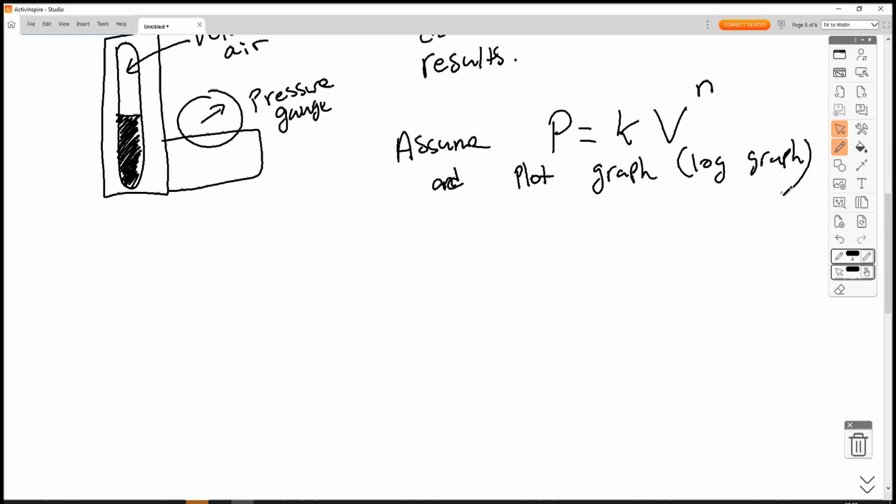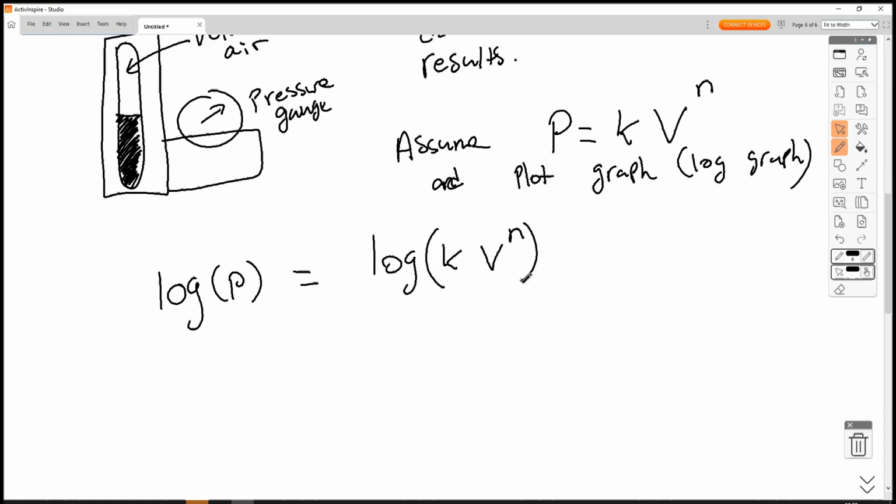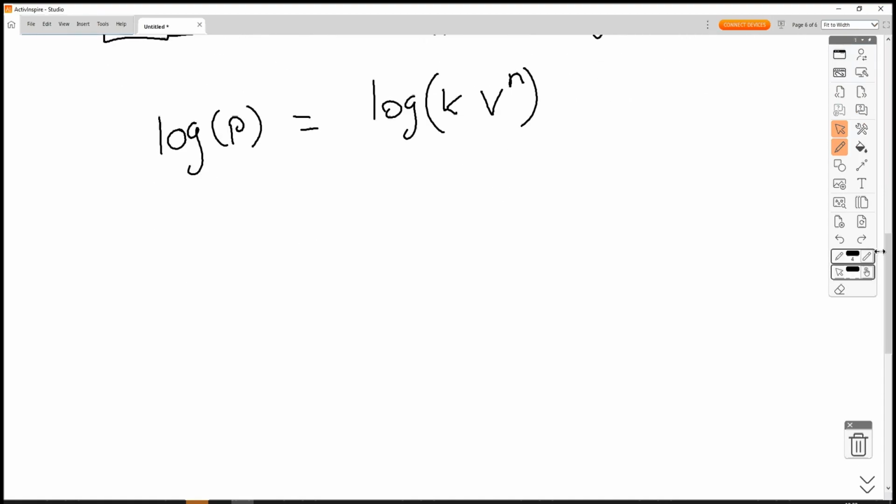So if we log the whole thing, we get log P equals log kV to the n. And then we apply our log rules. If you have two things multiplied, you separate them into two logs.